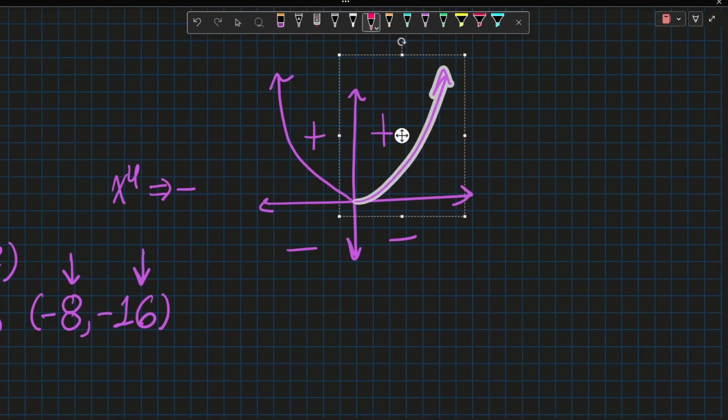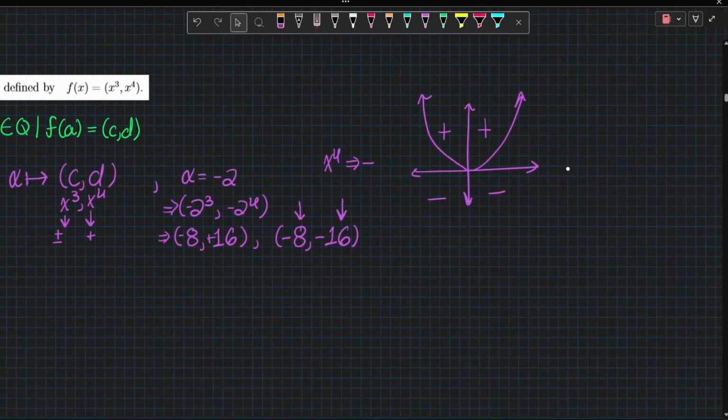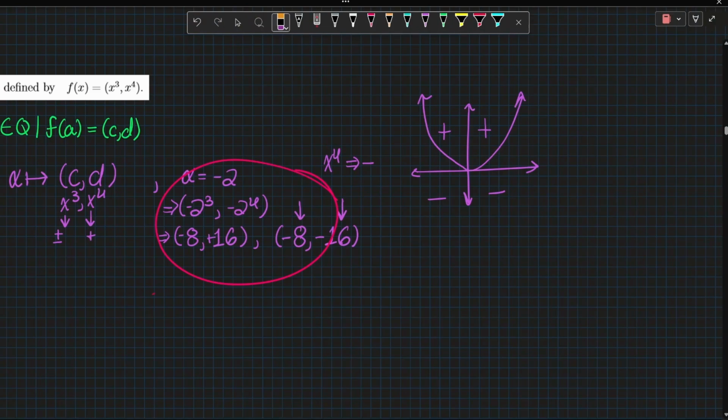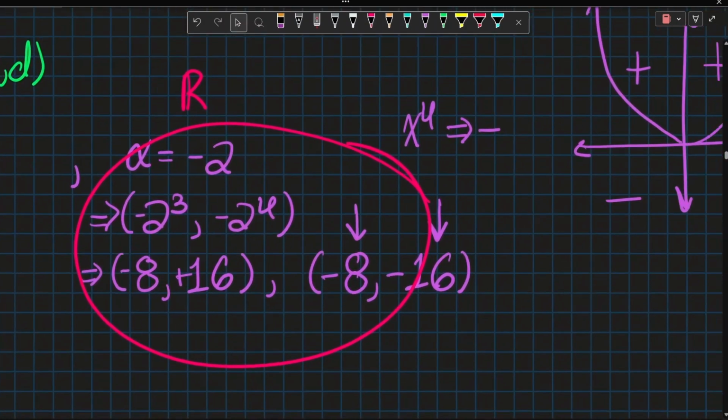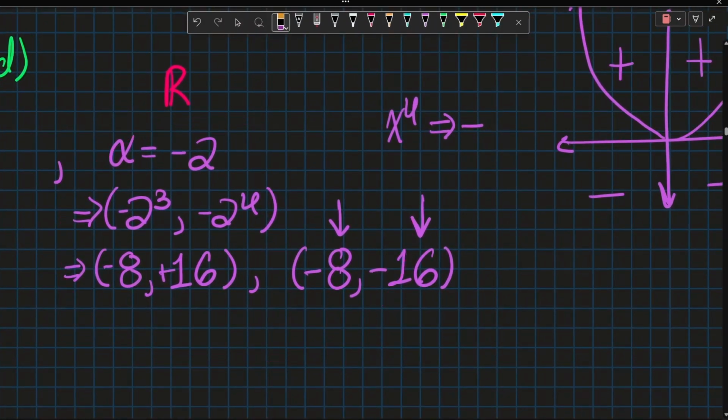Now the issue is this counterexample is completely viable. However, there's an issue with how the question was posed. We assumed that alpha must assume values from the real numbers. Well, what does that mean for us? That means alpha can be any number within the real number set.